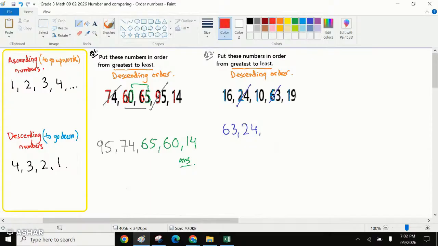But we have 3 numbers which have 1s in the tens position. So we look at 19, 16, and 10, right? And this would be our final answer. Thank you, May, and thank you, Nate.